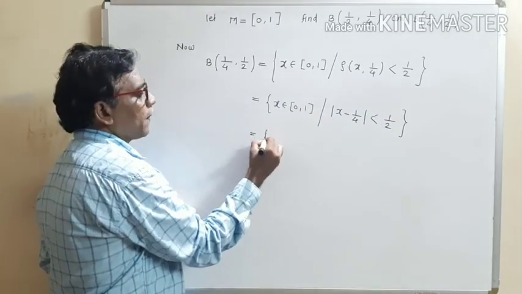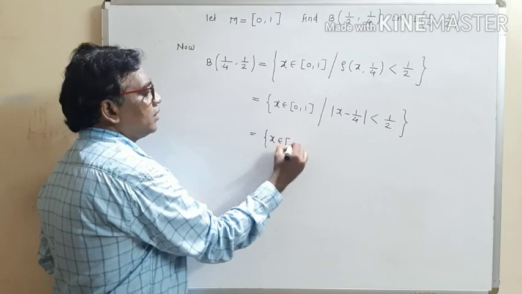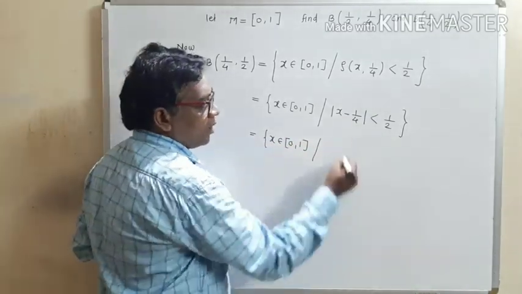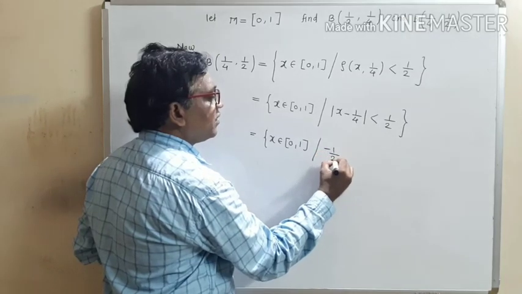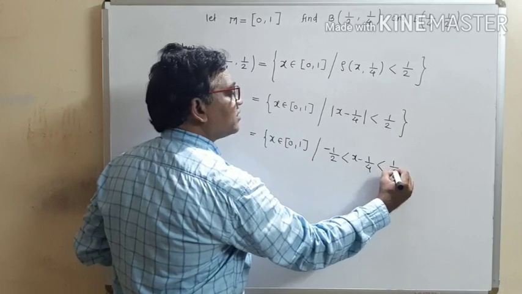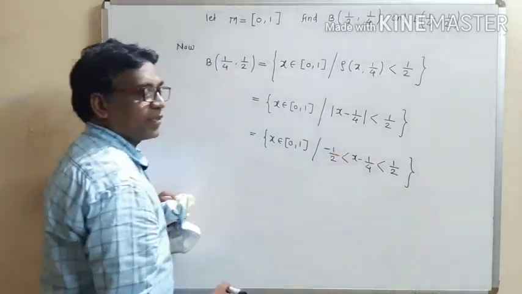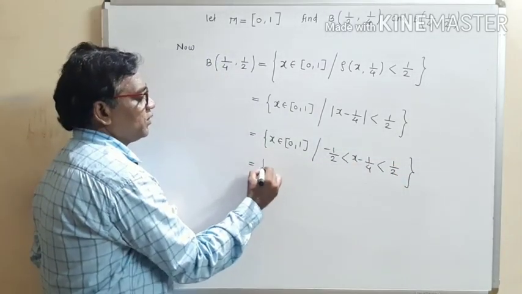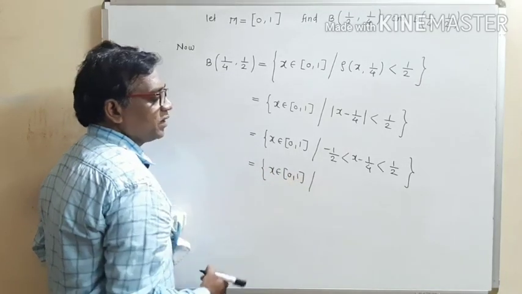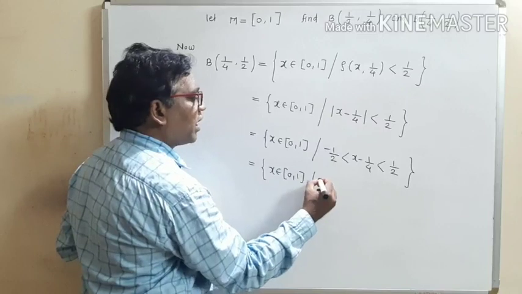This is equal to the set of all x in closed interval [0, 1]. Now modulus means it takes negative as well as positive values. So this is equal to the set of all x in closed interval [0, 1]. Now add 1/4 to every term.